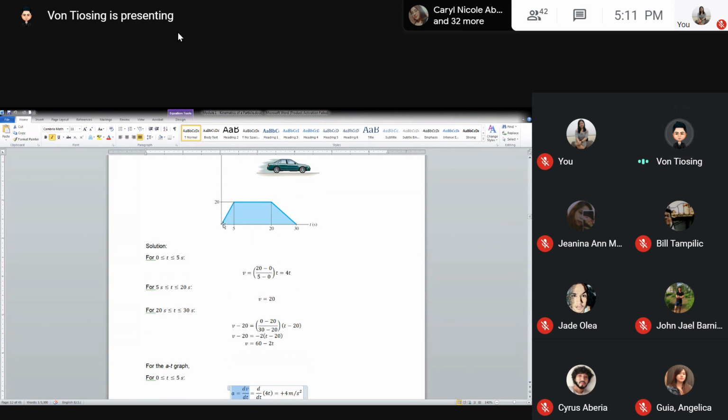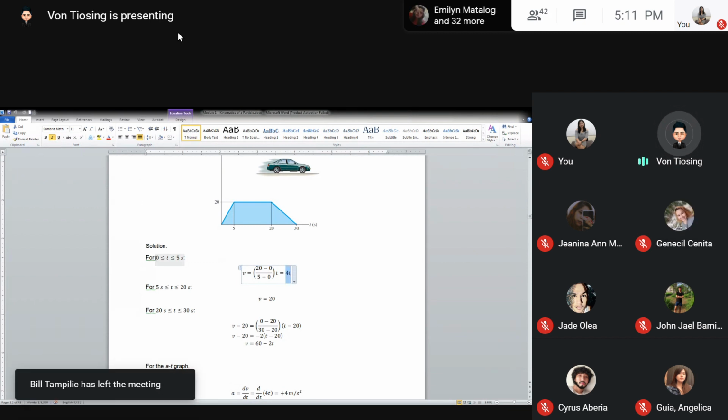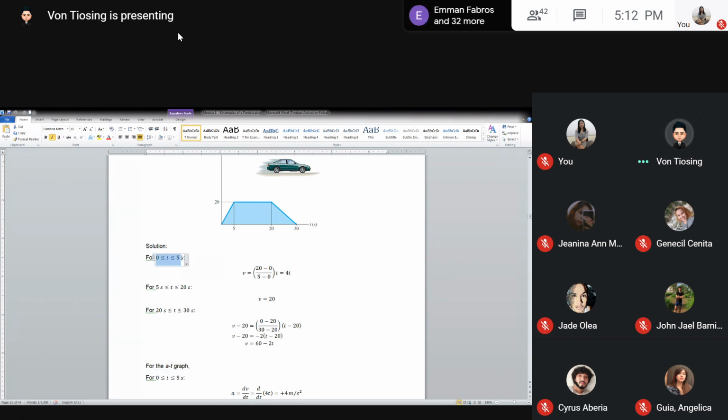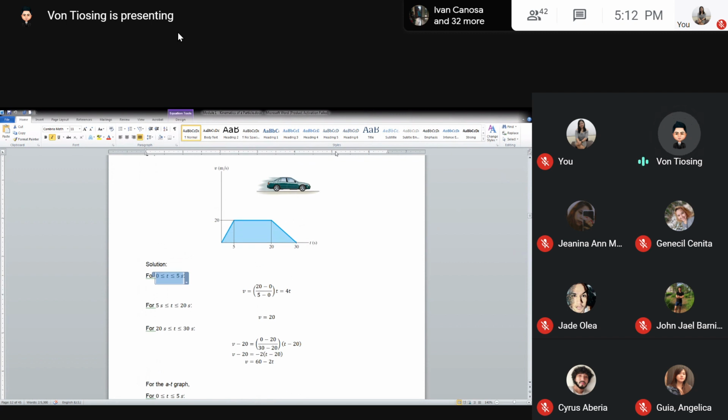It has a rise of 20 with a run of 5, so 20 divided by 5 is 4, and the y-intercept is apparently 0. So the velocity function for the segment 0 to 5 seconds is v equals 4t.